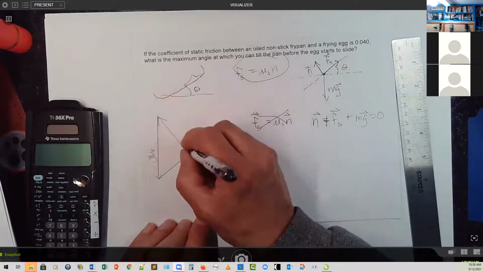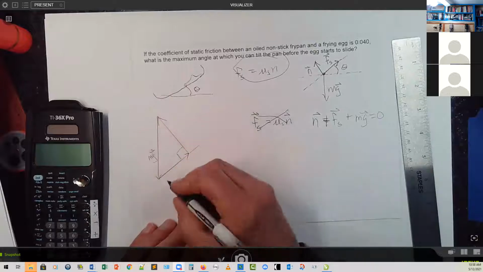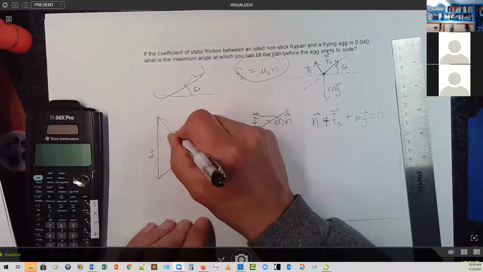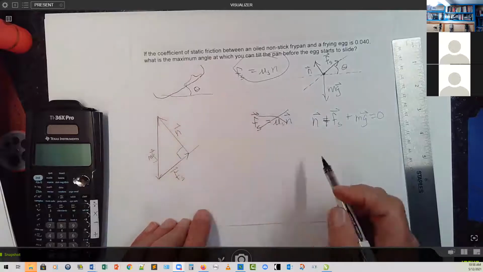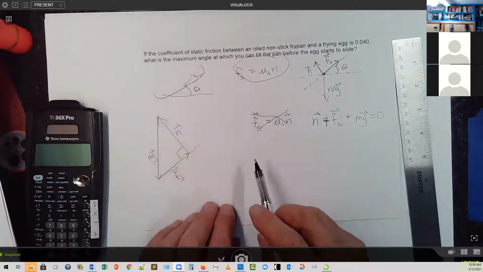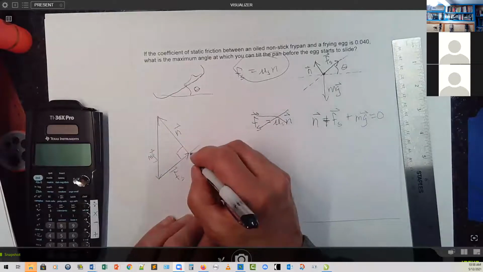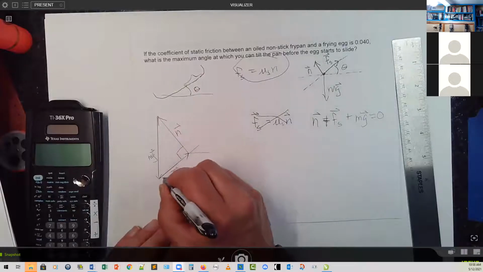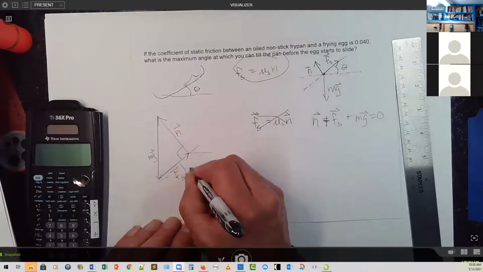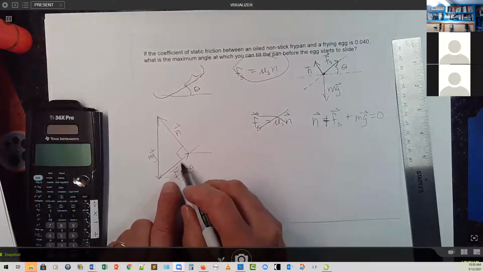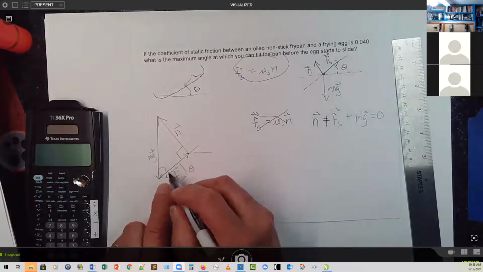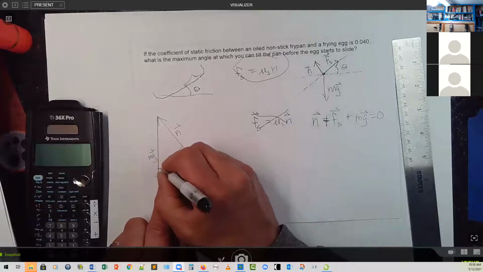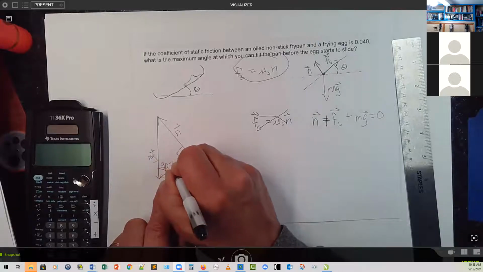And what that means is this angle has to be a right angle. So this is my F sub s right there. Here's my N. And then let's see, which one of these angles is going to be my theta angle? Oh, I could do it down here. This is theta here. Okay. This would actually be a right angle, which means this is going to be 90 minus theta.